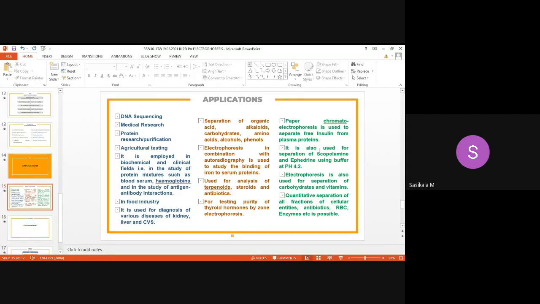It is also used for separation of scopolamine and ephedrine using buffer at pH 4.2, and for separation of carbohydrates and vitamins. Quantitative separation of all fractions of cellular entities, antibiotics, RBC, enzymes, etc. is possible with electrophoresis. These are various applications of electrophoresis.